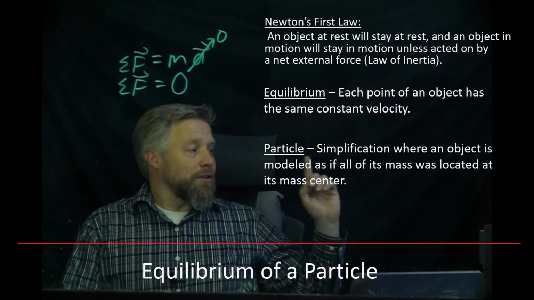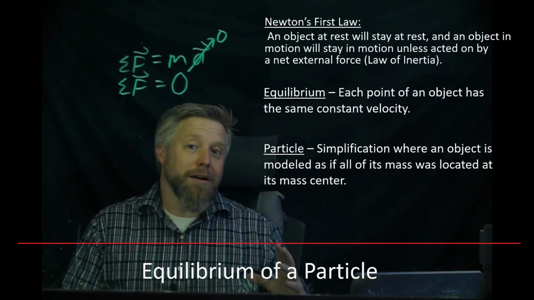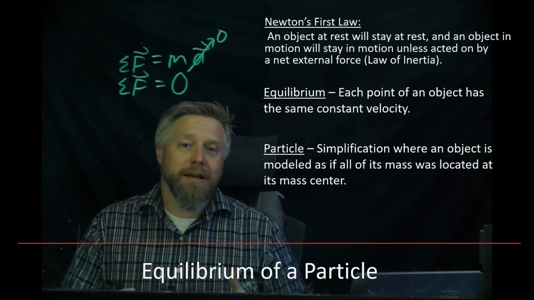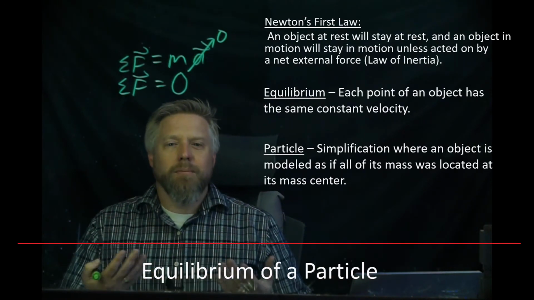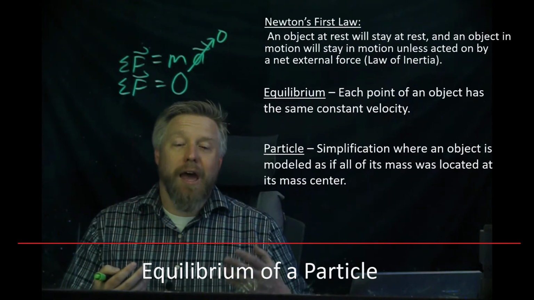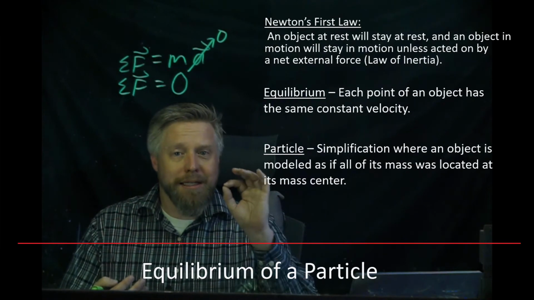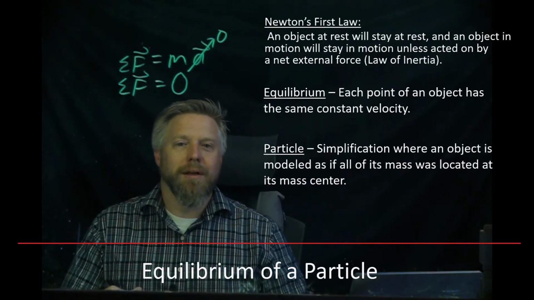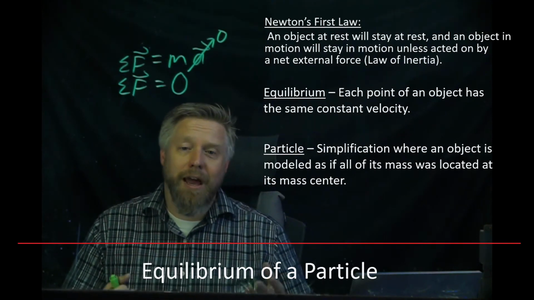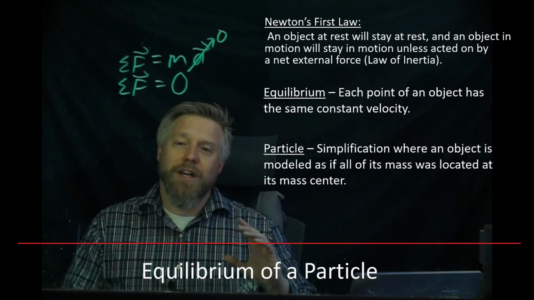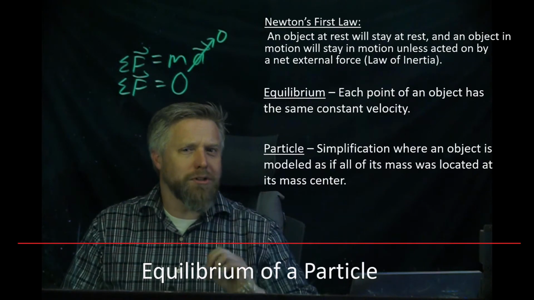That simplification is we're going to take an object and model it as if all of its mass existed at its mass center. A more simple way to put that is we're going to have objects that have mass but no shape. We're treating them like a dot, a little particle. But they still have mass. They'd have to have mass. So we're going to have that simplification just for one chapter, so don't get too used to it.